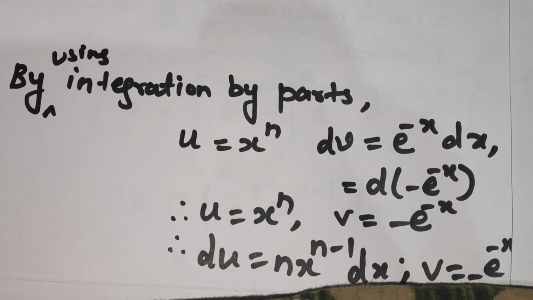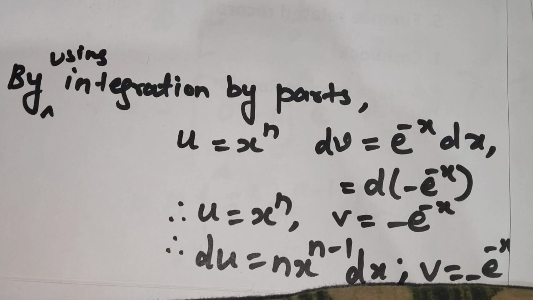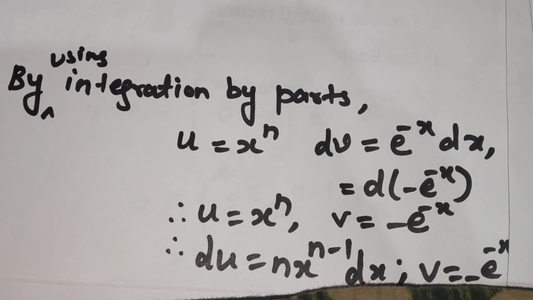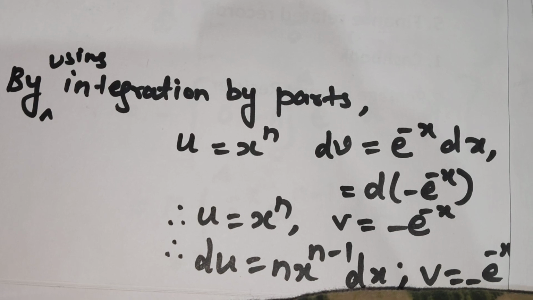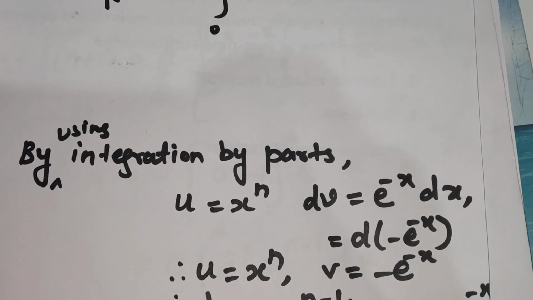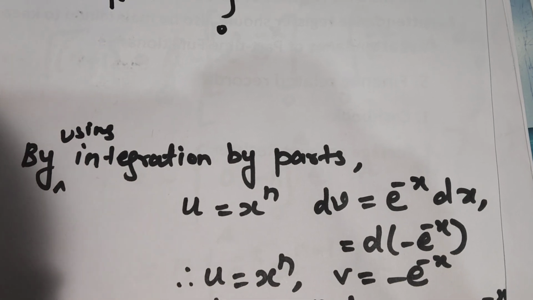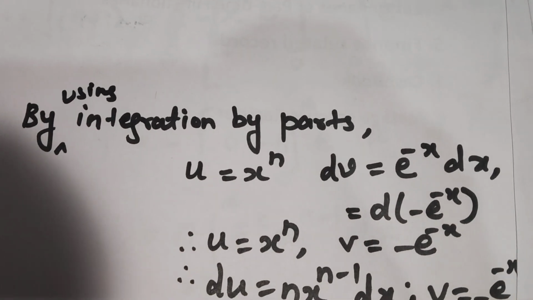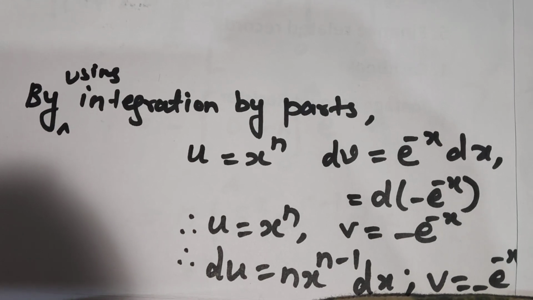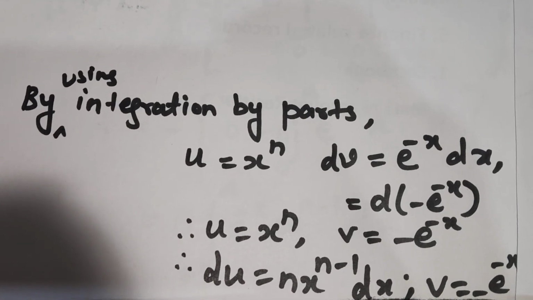By using integration by parts, u is x power n, v is minus e power minus x. Since dv equal to d of minus e power minus x, v equal to minus e power minus x. Therefore du equal to n x power n minus 1 dx.